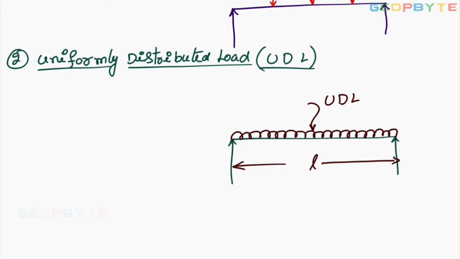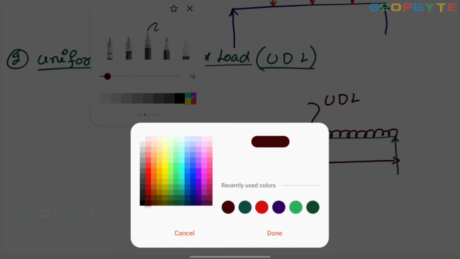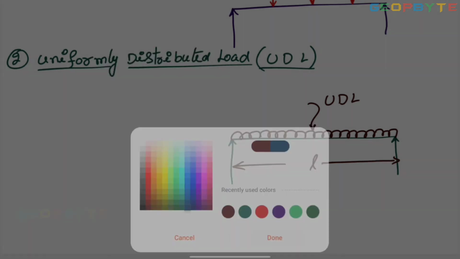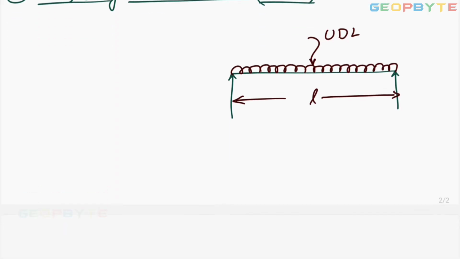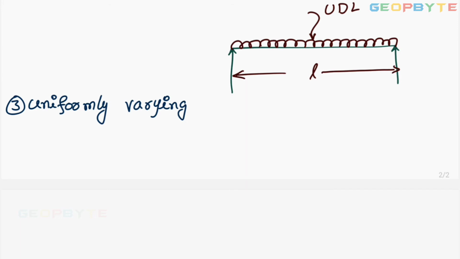Next kind of load is UVL. UVL means uniformly varying load.